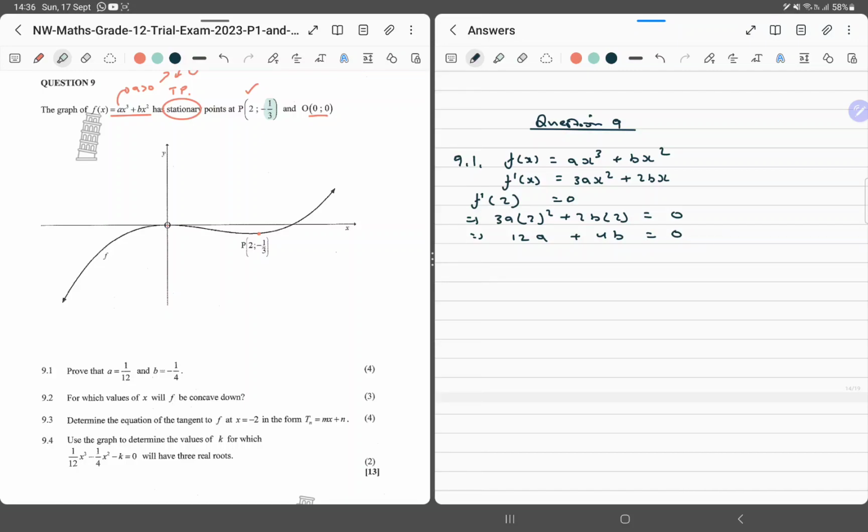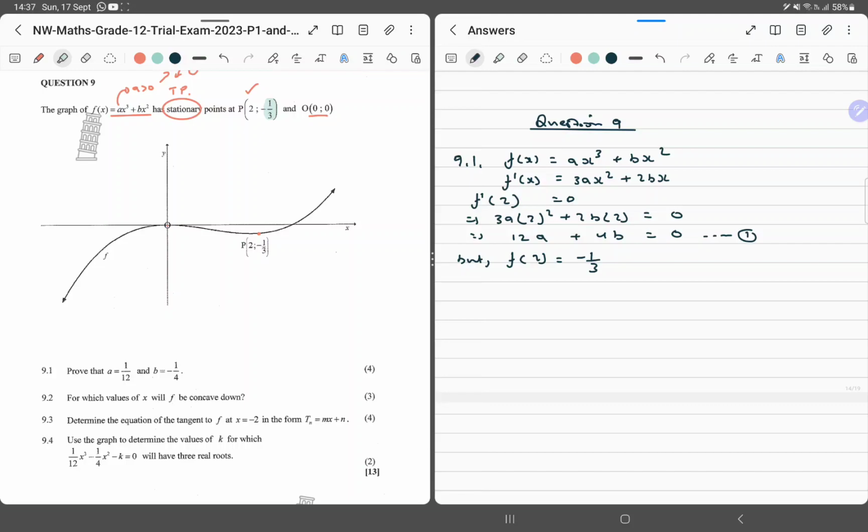Okay, now you can see that this is a particular equation. You want to leave it alone, do you? Yeah, you can make this one equation 1. Let's see if we can find another one, because this is definitely going to need simultaneous equations. But we know for a fact that f of 2 is minus 1 over 3.